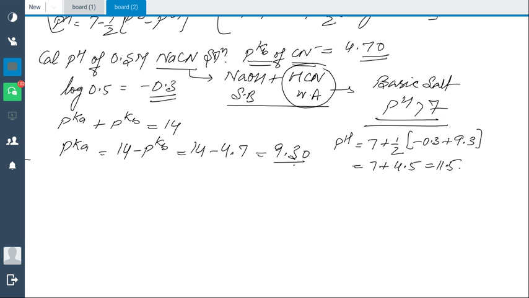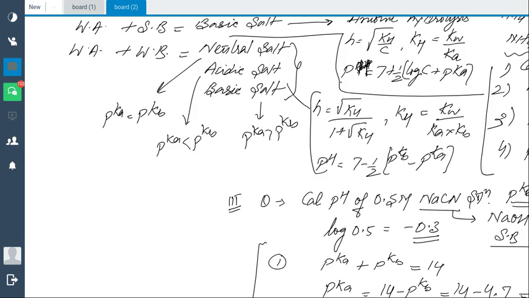Okay. Now I am giving you another problem from IIT. Now see what the problem is. I am writing the question as it is. Try to appreciate this one.